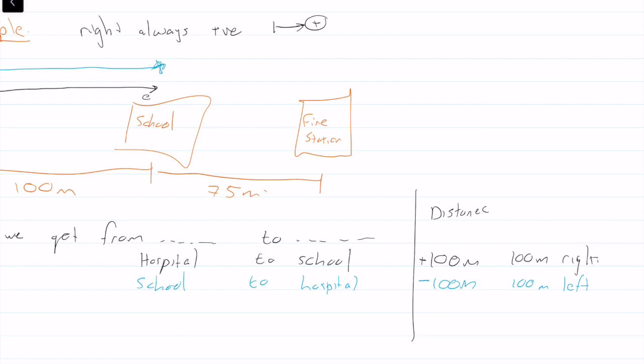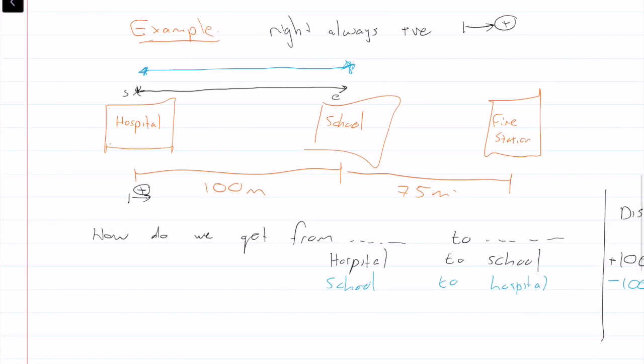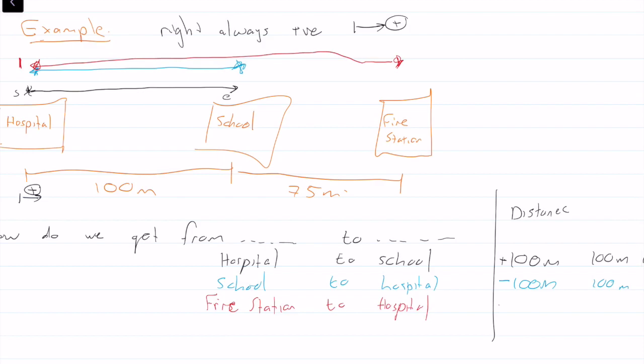Let's say the last one is from the fire station to the hospital. This time I'm starting at the fire station, and I want to end up at the hospital. Again, I'm going left, so it's going to be minus 175 meters, or 175 meters left.